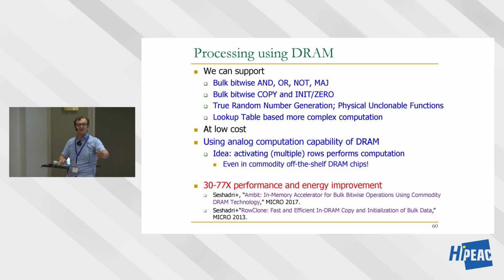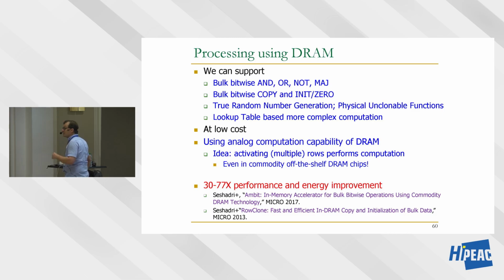You can design your own memory controller in an FPGA with a RISC-V processor and you can do computation. And I'm going to show you some examples of that. But these are the things that we're going to see supported. Majority functions, bulk bitwise AND, OR, NOT functions, copying and initialization, I'm going to start with that. Random number generation in a true fashion, physical unclonable functions, and by modifying memory you can do lookup table-based computation. And you can do this at low cost in general.